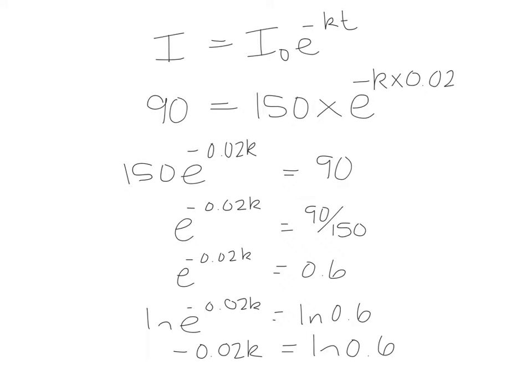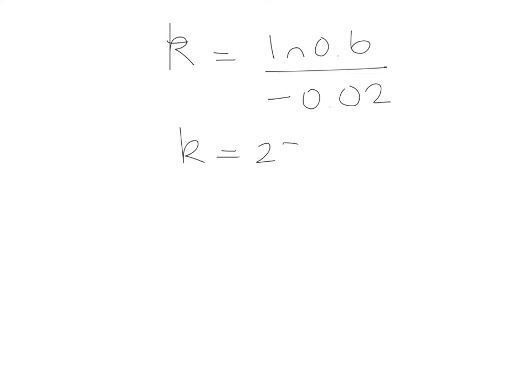The final step then to find the value for k will be to divide by negative 0.02, which we'll do on the next slide. We will have k equal to ln 0.6 divided by minus 0.02, so k is equal to 25.54 to two decimal places.